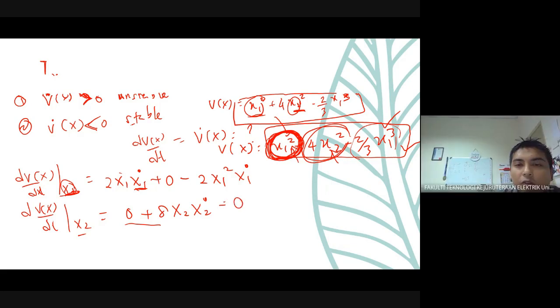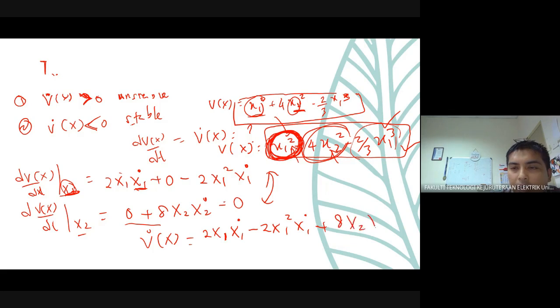Okay, so you need to combine. So finally you will get the V dot x become 2 x1 x1 dot minus 2 x1 square x1 dot and then plus 8 x2 x2 dot. All right, so this is the V dot x equation.